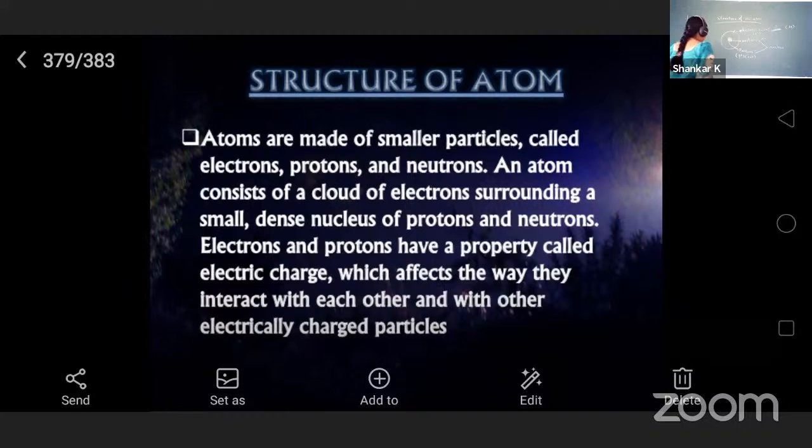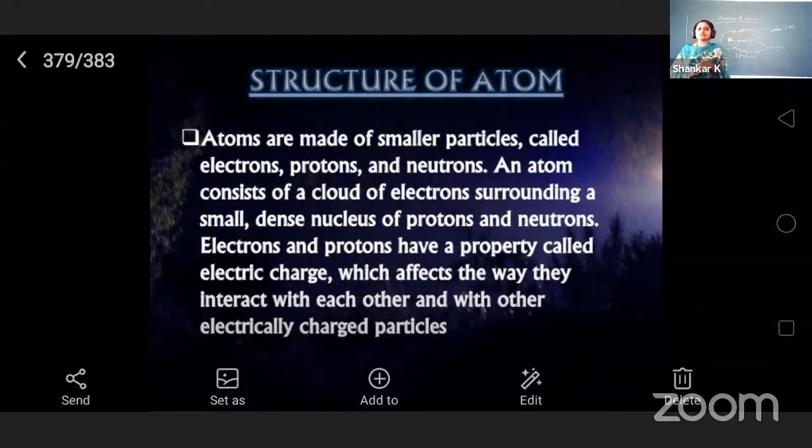You already know what an atom is and what its characteristics are. Atoms are made up of smaller particles called electrons, protons, and neutrons. An atom consists of a cloud of electrons surrounding a small dense nucleus of protons and neutrons.